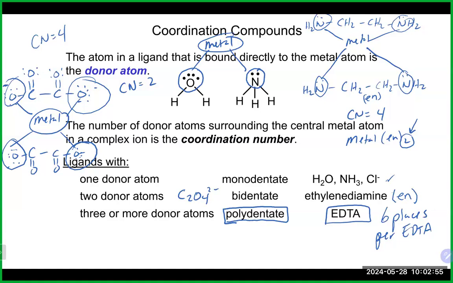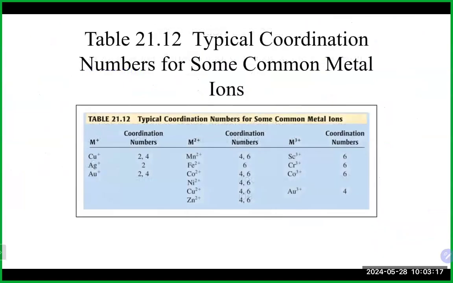So if you have one molecule of EDTA, it's going to grab onto that metal in 6 different locations, and it's going to tie up that metal really, really well. So the coordination number is not always the subscript that you see in the formula. Sometimes it is, if it's monodentate, but if it's bidentate or polydentate, you do have to adjust that. Any questions on that?